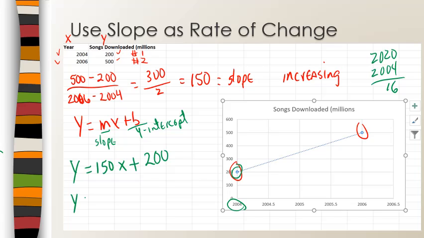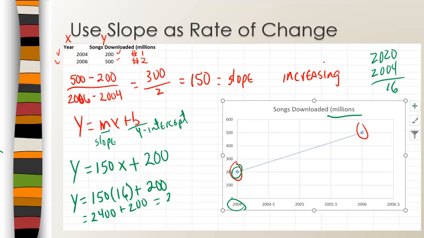So I can use this slope-intercept to say y equals the slope, 150, times the number of years from 2004 to 2020, 16, plus 200. And remember, this is in millions. So 150 times 16 is 2,400 plus 200.